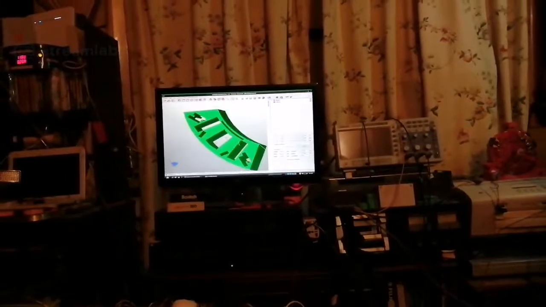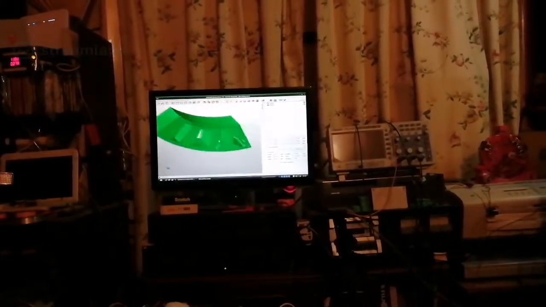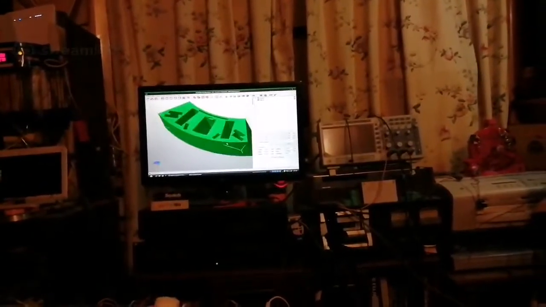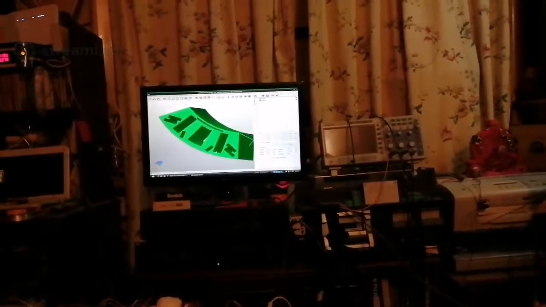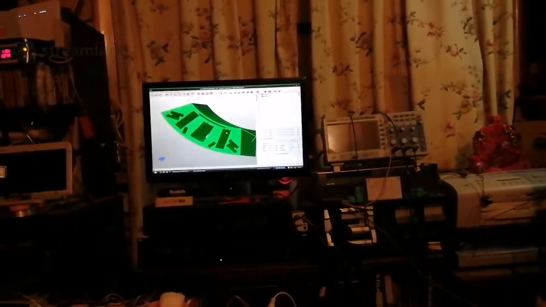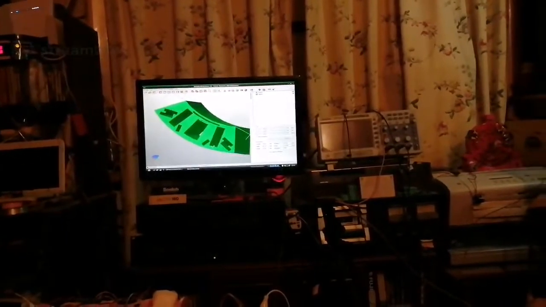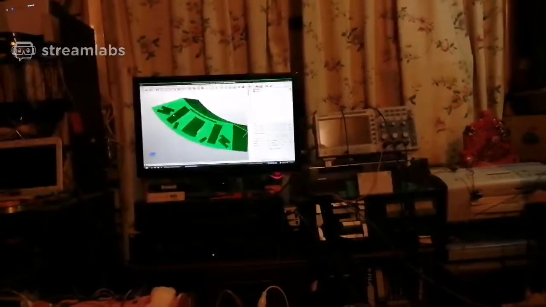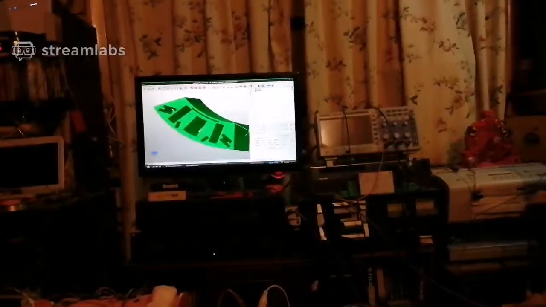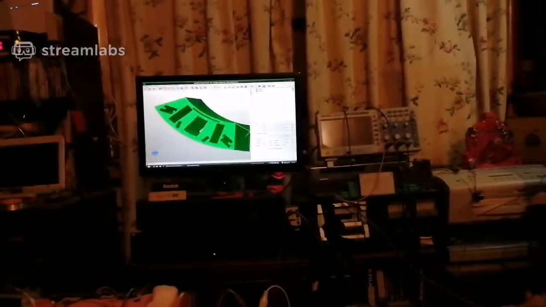So I moved the slots a bit further back out again, towards this edge, because I got them a bit too close to the magnet, and it's partly due to the reluctance of the steel that goes in these other slots.